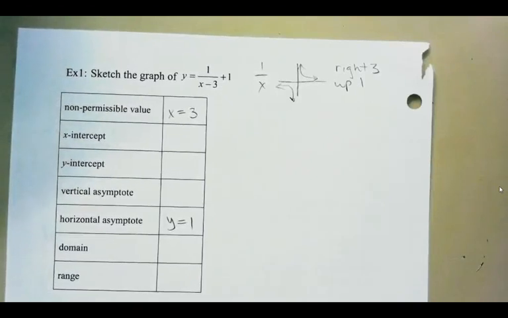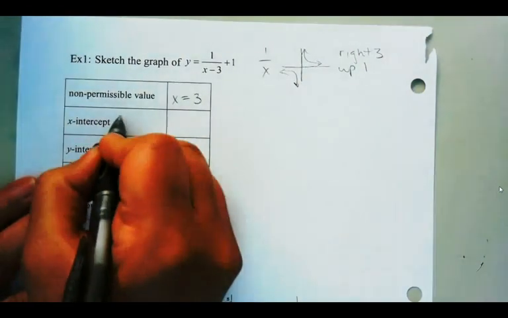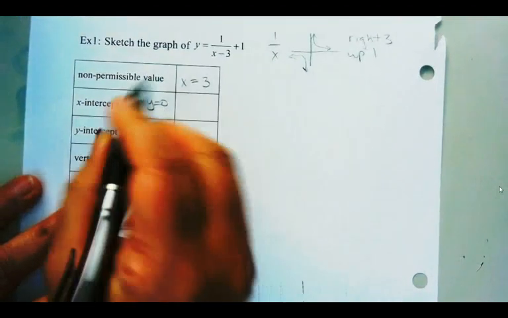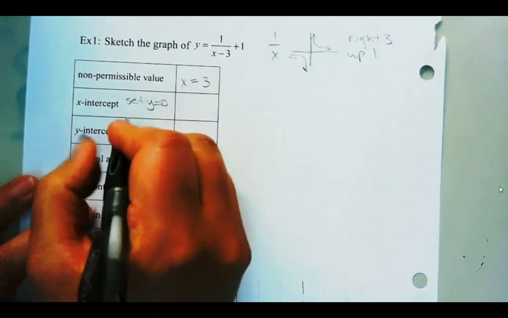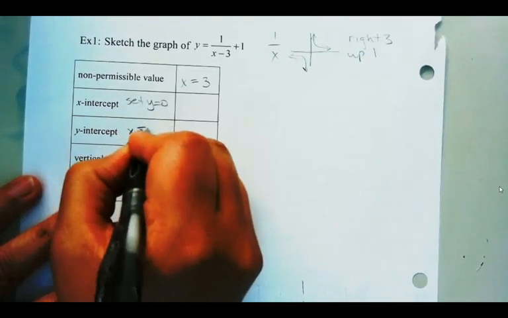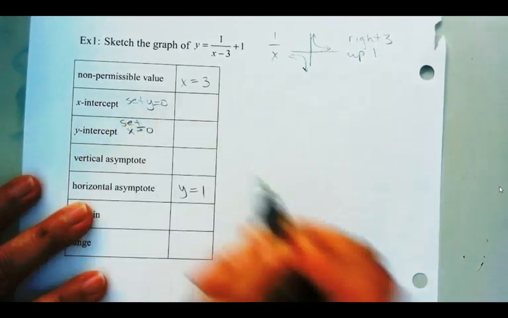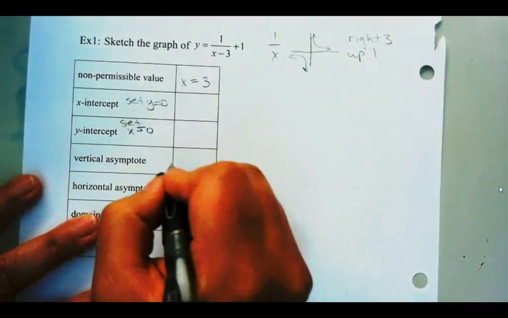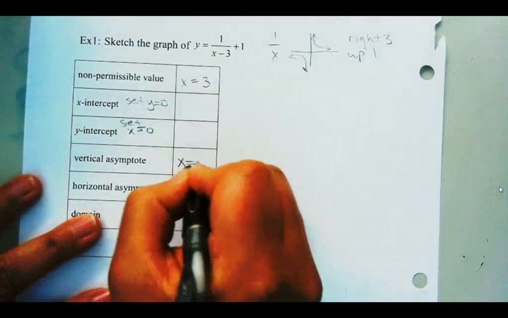We need to have a couple of nice points on our graph. So how do we figure out our x-intercept? Set y equals 0. And how do we figure out our y-intercept? Set x to 0. Now our vertical asymptote is going to be x equals 3.